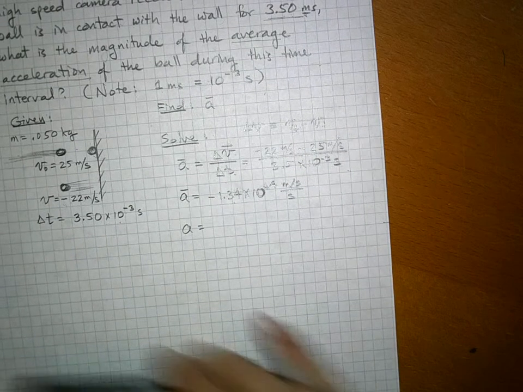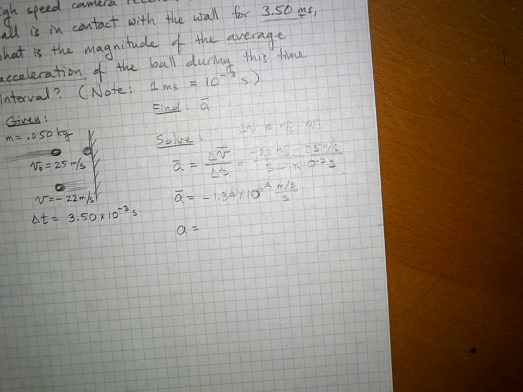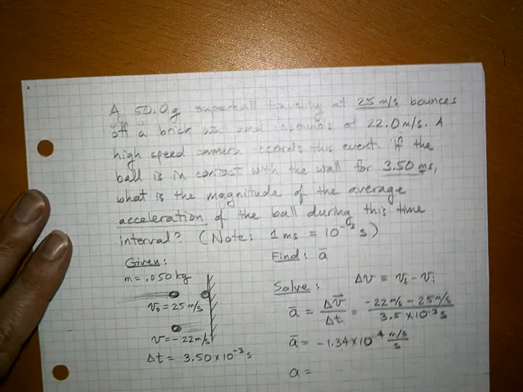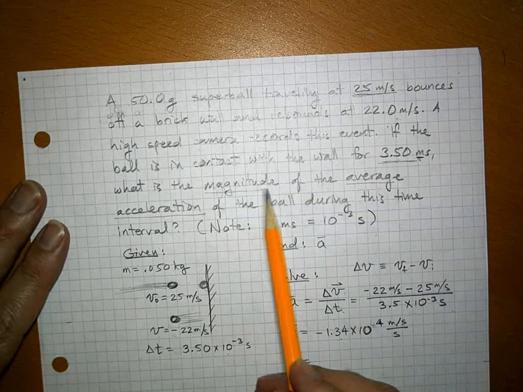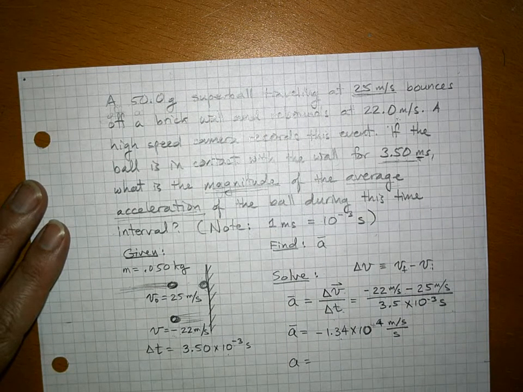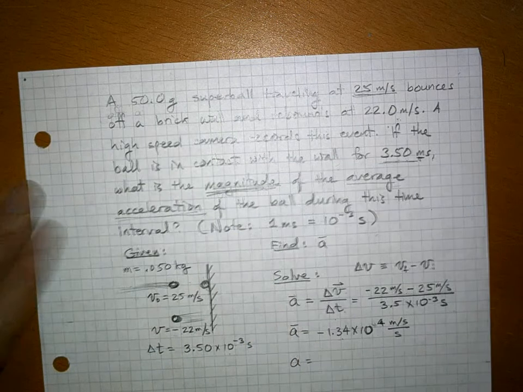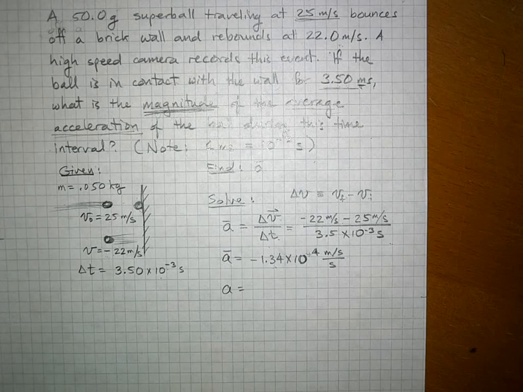Now, one thing before we write the final answer. Notice that in the problem it wants the magnitude of the acceleration. What does magnitude mean? It means just how much we had. It doesn't care about direction.